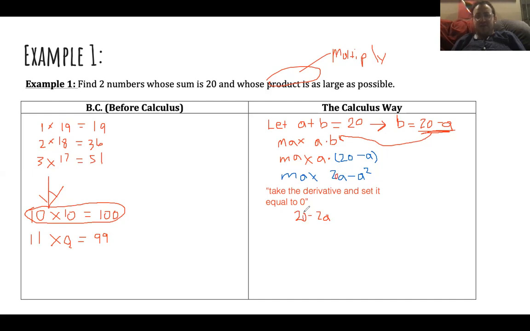So we have 20 minus 2A equals 0. And I'm just going to add 2A to both sides and solve for A.